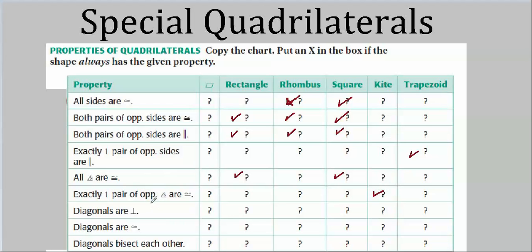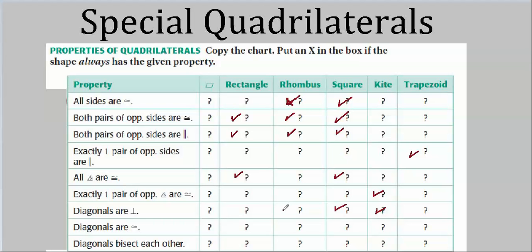Diagonals are perpendicular. Well, let's see here. That's true for a kite, wasn't it? It's true for a square. And a square is a special case of a rhombus.